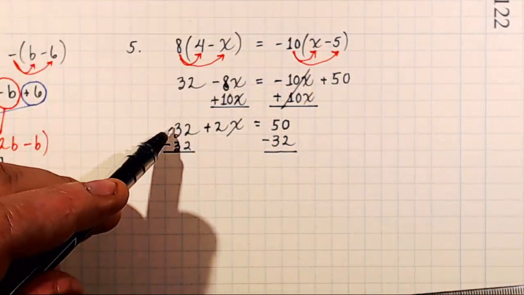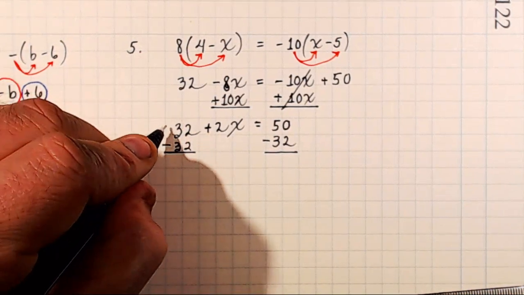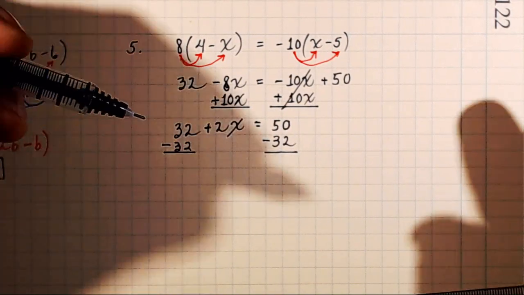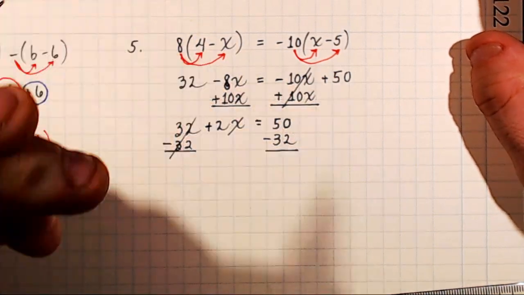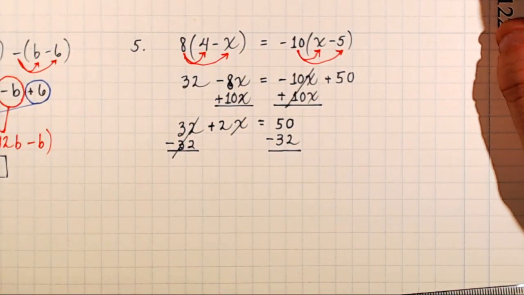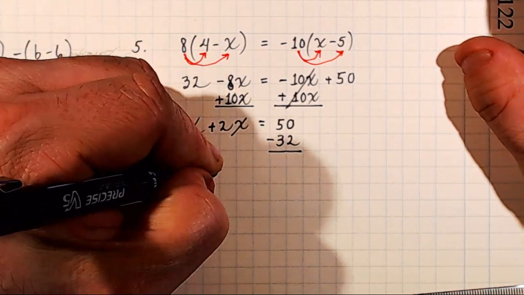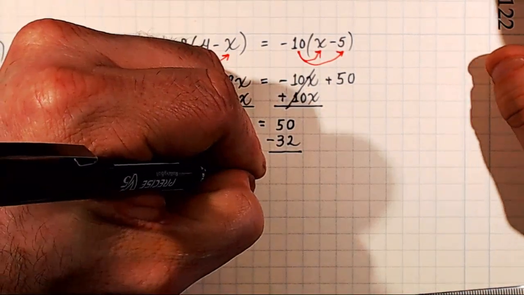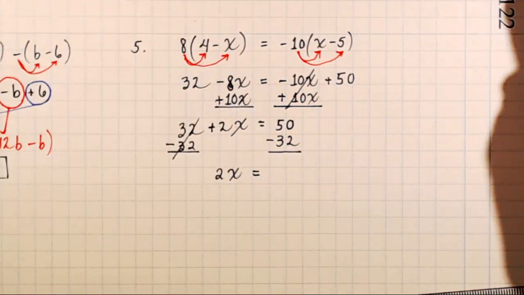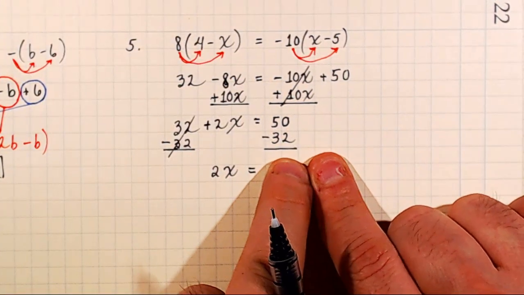Remember, the leading term is 32, so there's not a plus sign, but it's really positive 32. So I have positive 32 minus 32 gives me 0, so I cross that term out. Okay, the 2x comes along for the ride. So 2x equals, okay, now 50 minus 32.